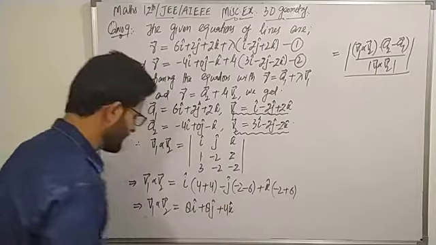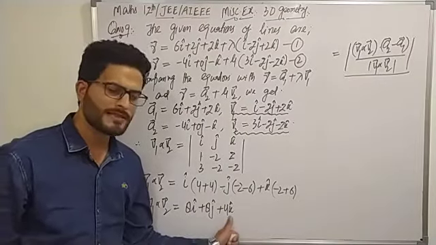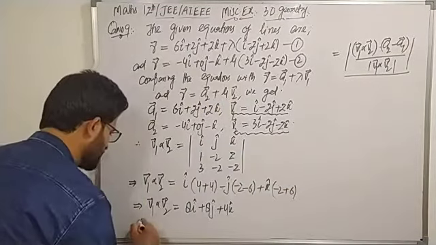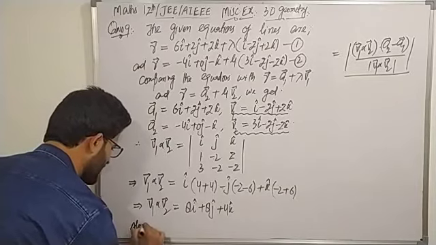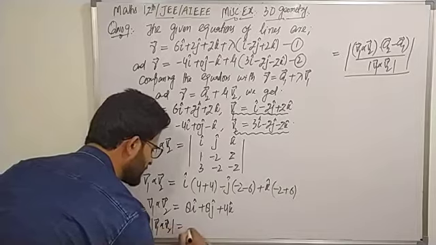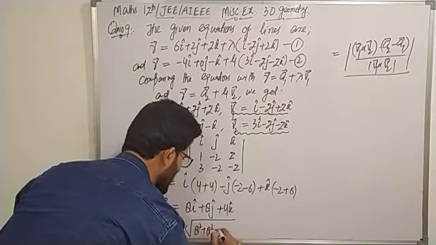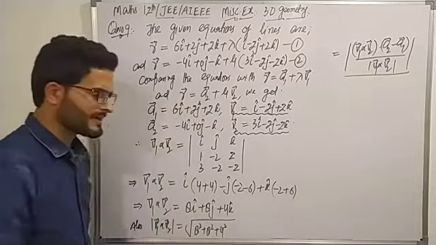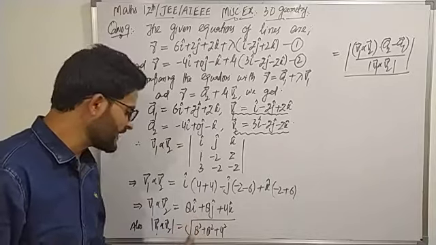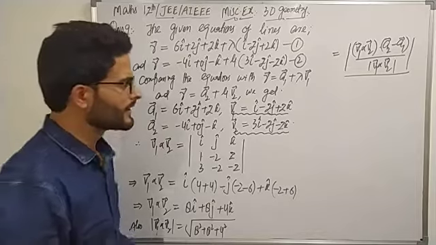So the value of v1 cross v2 is 8i plus 8j plus 4k. We need the magnitude of v1 cross v2, which is the non-negative square root of 8 squared plus 8 squared plus 4 squared, because the magnitude of a vector expressed in terms of components is the non-negative square root of the sum of squares of its scalar components.